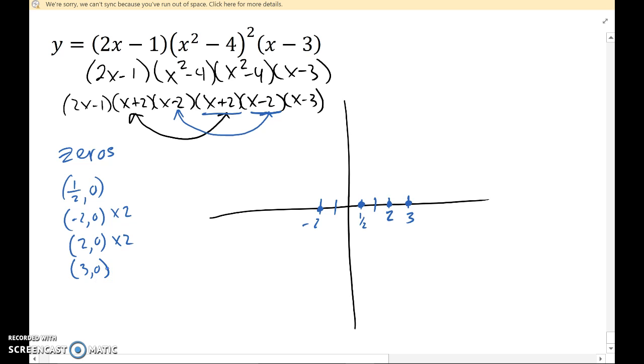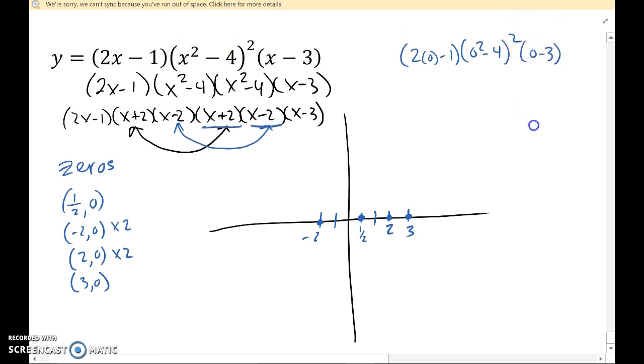Our y-intercept, we're going to plug a 0 in for our x's. So 2 times 0 minus 1 times 0 squared minus 4 squared, and 0 minus 3. And so again, this is our y-intercept, how we find it, plug in 0 for x. And so 2 times 0 is 0, so we get a negative 1.